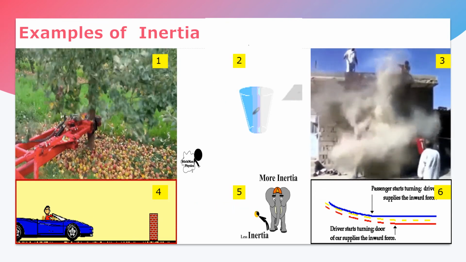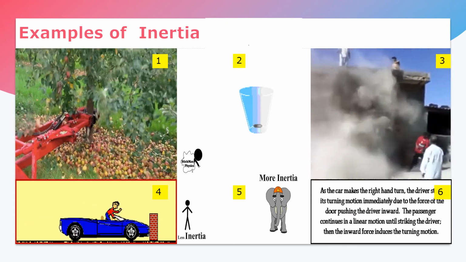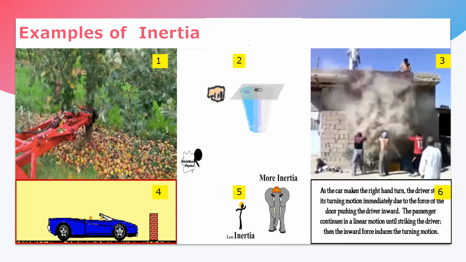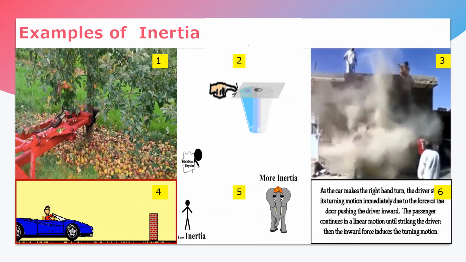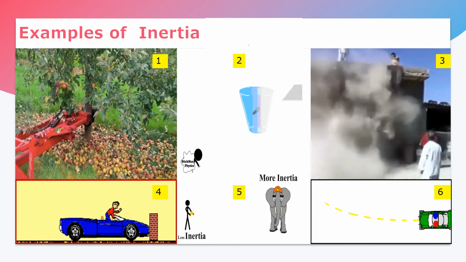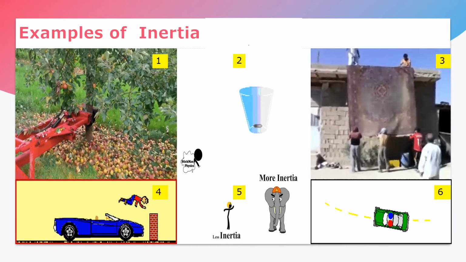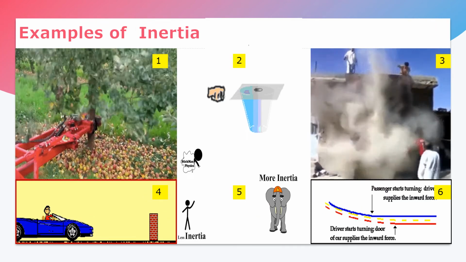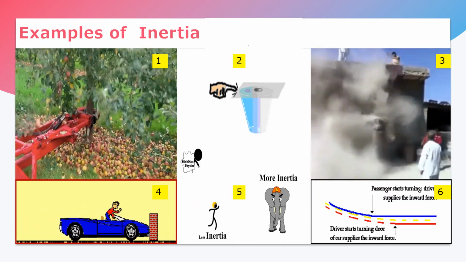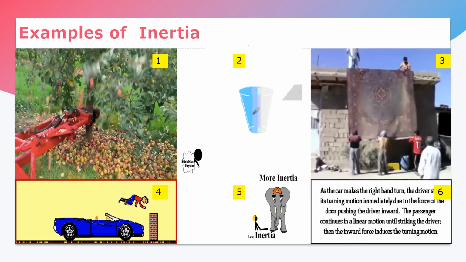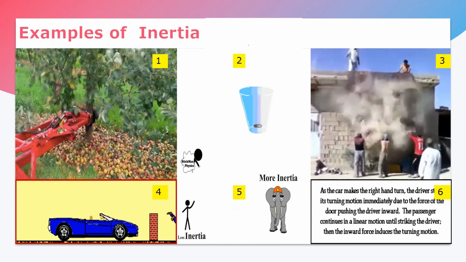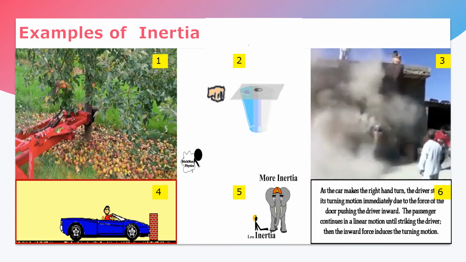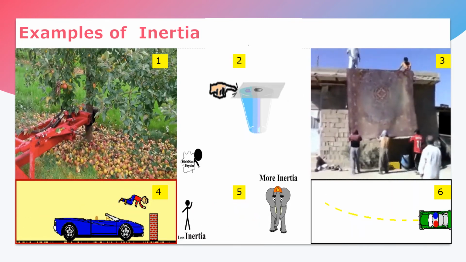Here, when the vehicle is taking a turn immediately, the people are thrown outward from the turning because of inertia of direction. Our body has the tendency to continue the straight line motion due to inertia of direction. When the engine applies an unbalanced force to change the direction of motion of the car, we slip to one side of the seat due to inertia of direction.